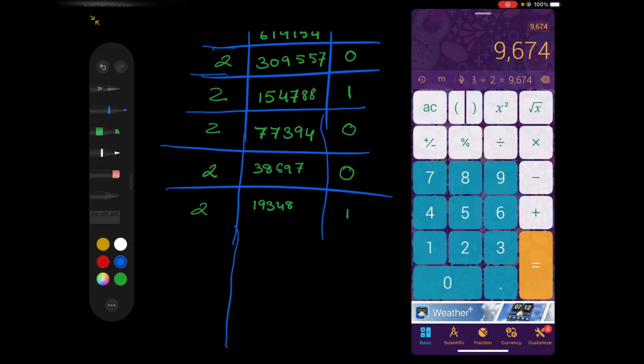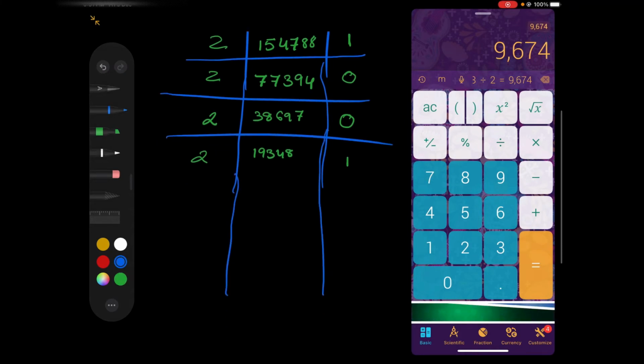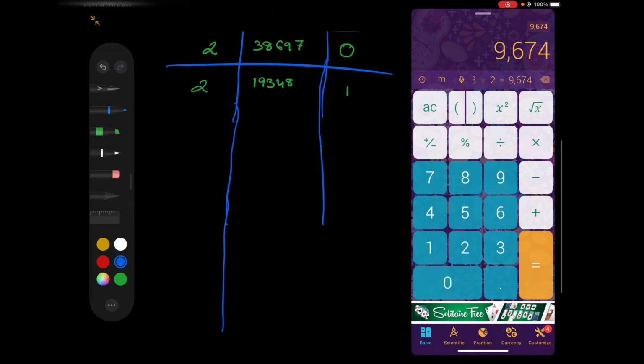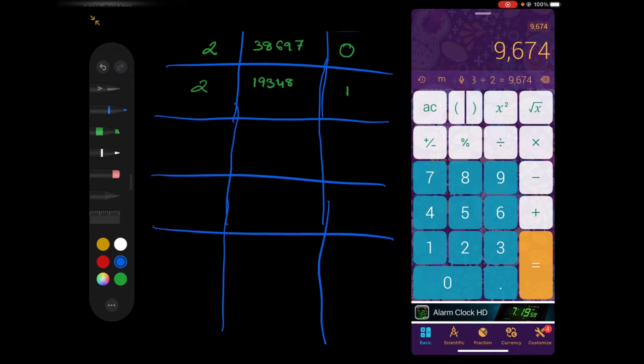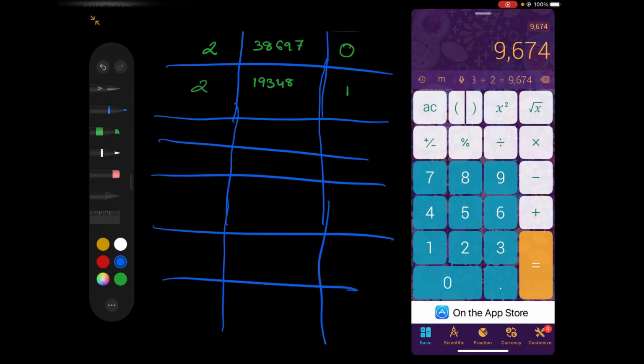I am going to extend this table very far down. Now we are again going to divide this number by 2, and we have 9674, and no decimal, so we write 0 here.